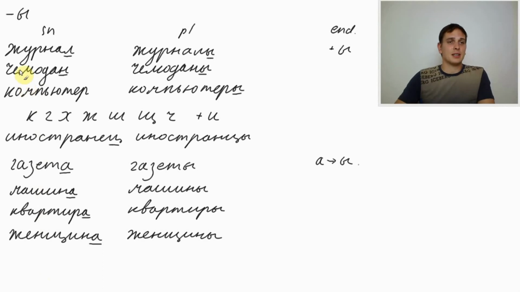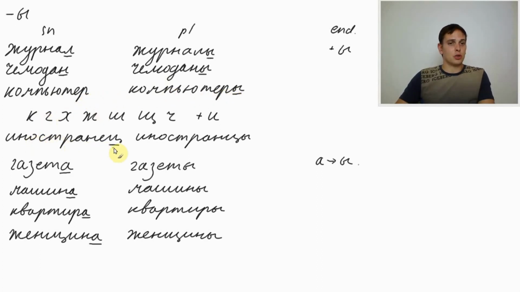So let's exercise. Журнал. Do you remember the meaning of журнал? Is magazine. How would we make plural of magazine? Журналы, by adding "ы". Чемодан is suitcase. Чемоданы, plural of чемодан. Компьютер, компьютеры.